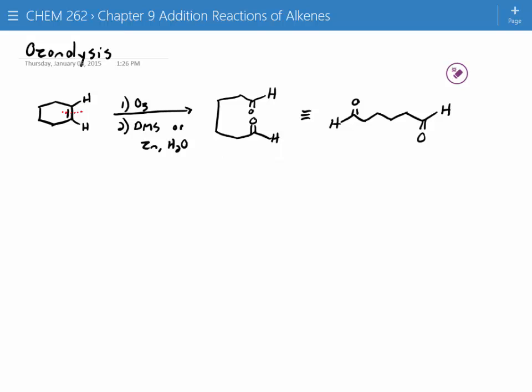So ozonolysis is really useful for cutting double bonds. So it cuts double bonds and turns them into a ketone or aldehyde.